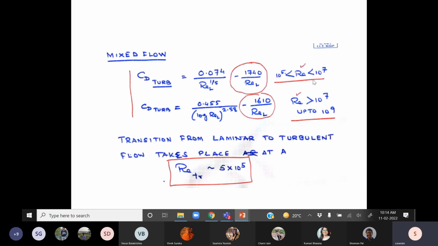And if you go to higher values of Reynolds number, which would take place if you have a large length or a high velocity, then this Reynolds number, the Re_L, is going to be so large that the contribution of these terms will be almost negligible, insignificant on the overall value of CD that you would obtain by assuming turbulent flow from the very beginning.